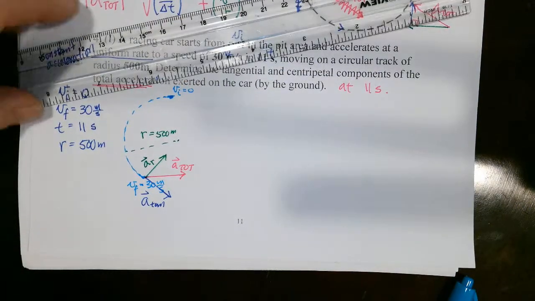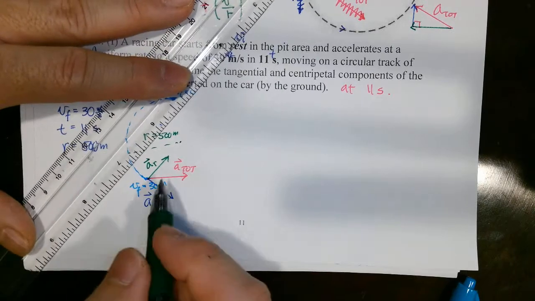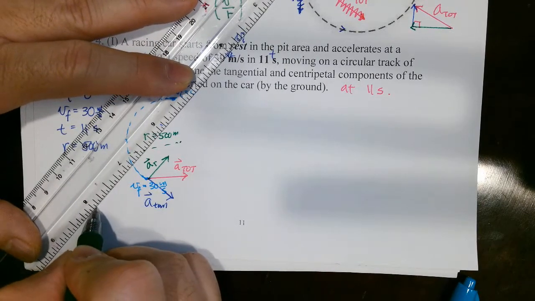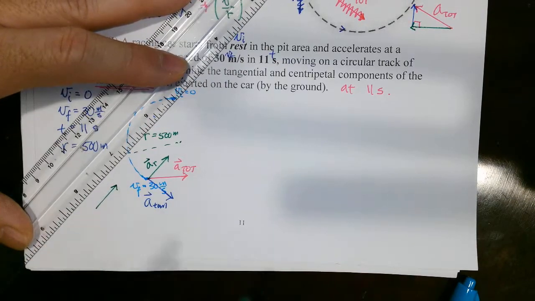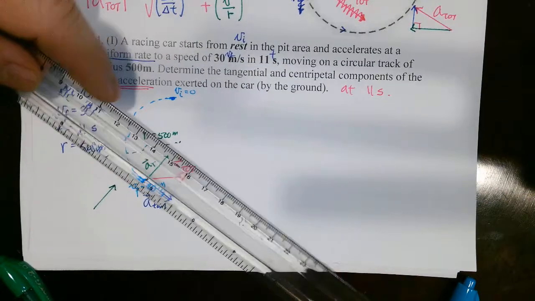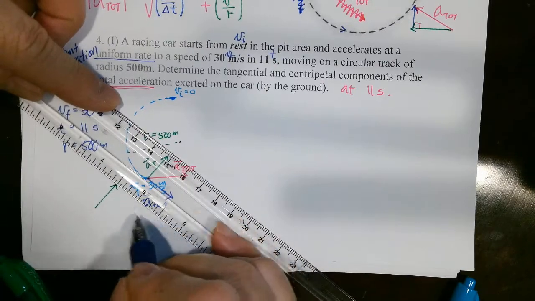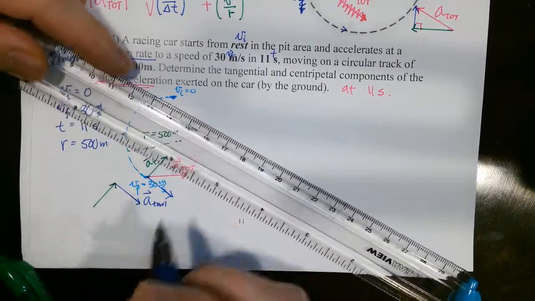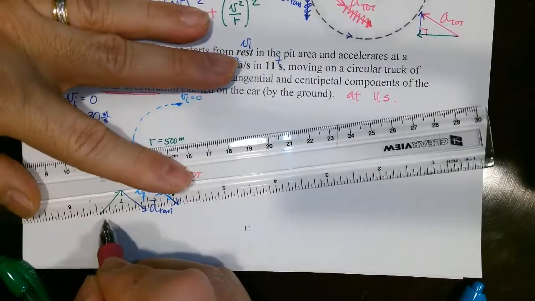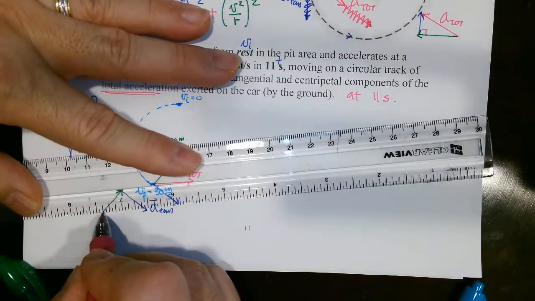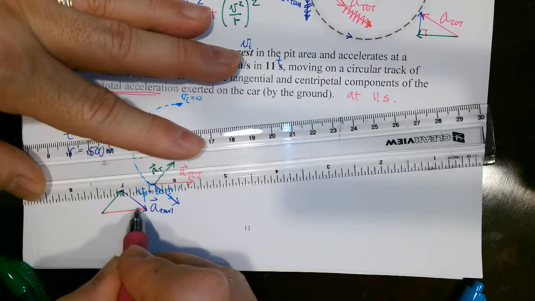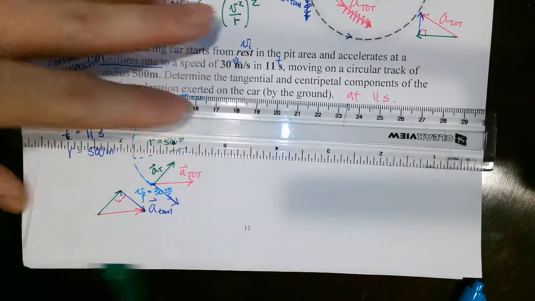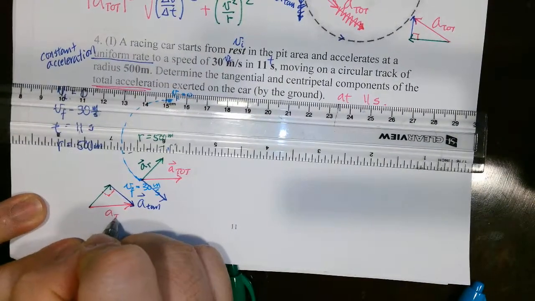So if I were to redraw this, here is my A radial, and here is my A tangential. And this is my A total, but this here is 90 degrees.